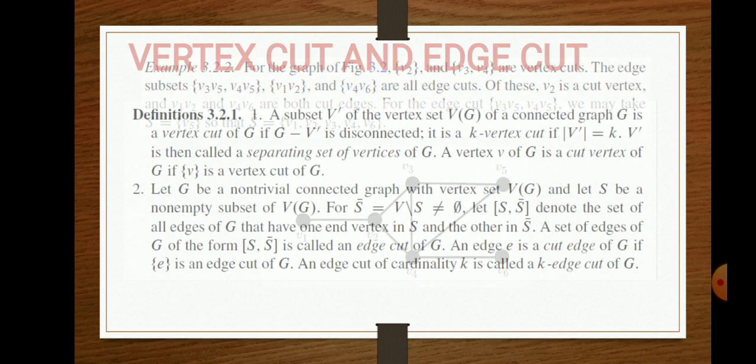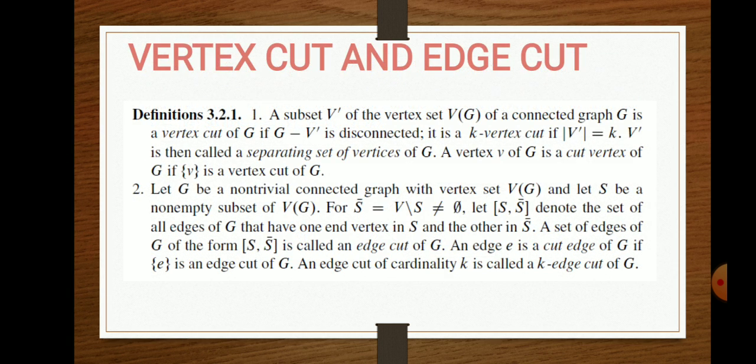Next is the definition for edge cut. Let G be a non-trivial connected graph with vertex set V of G, and let S be a non-empty subset of V of G. For S complement equal to V minus S, that should be non-empty.